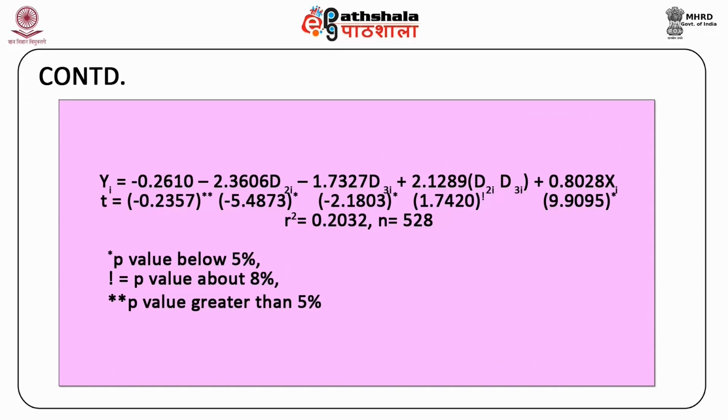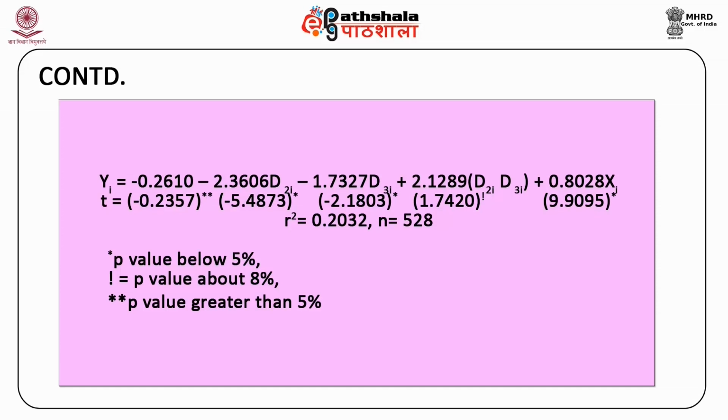Yi is equal to minus 0.2610 minus 2.3606 d2i minus 1.7327 d3i plus 2.1289 into d2i d3i plus 0.8028 xi.